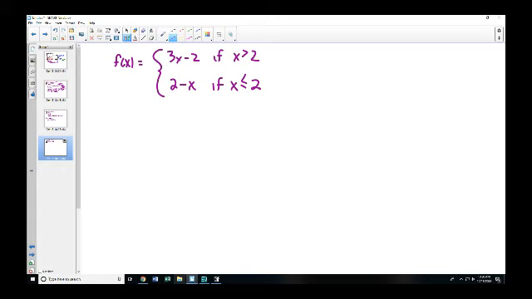So at x equals 2, this is where our break is, right? So that's where we're going to analyze continuity most of the time. So does f at 2 exist? And which one of these do we use? Which one has the equal sign in it? The bottom one, so this is where we use f at 2.